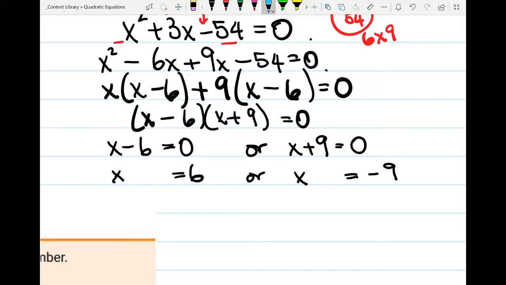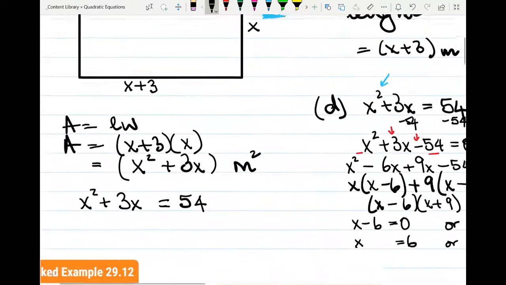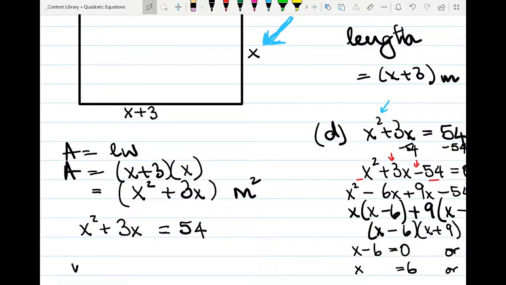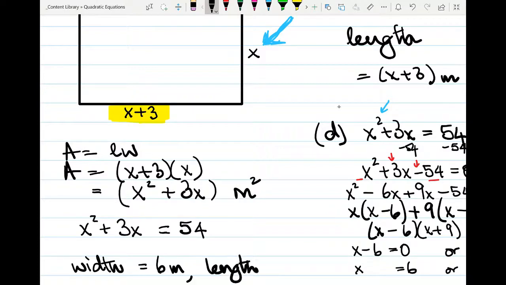The answer is no. So this answer is invalid in the current situation, which means the width of the floor must be 6. And then we know the length is 3 meters longer than the width. So the length must be 9.